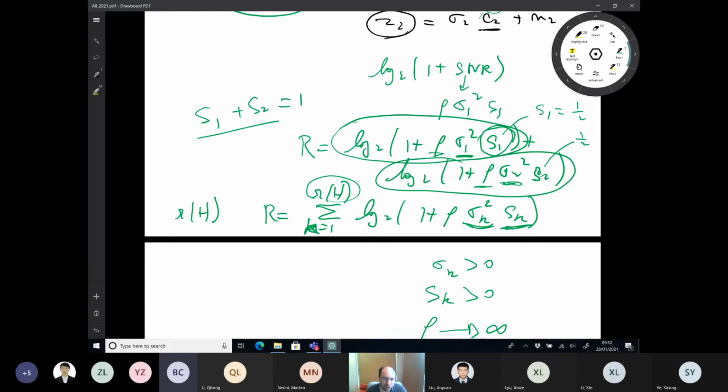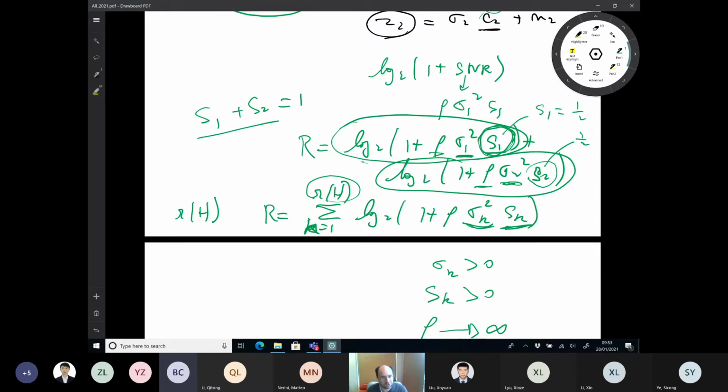And I might be better off allocating more power to the stronger stream. If I allocate half of the power here, but the contribution to the rate is very small, effectively my rate will be roughly equal to the rate of the first stream, but I use only half of the power, right? If I do dominant eigenmode transmission, I transmit all the power to the first one, the strongest one, and I allocate 0 power to S2.